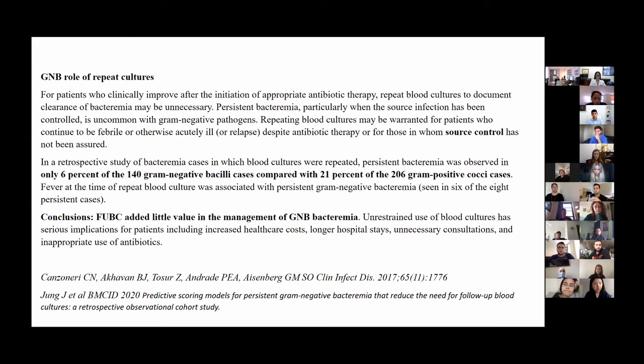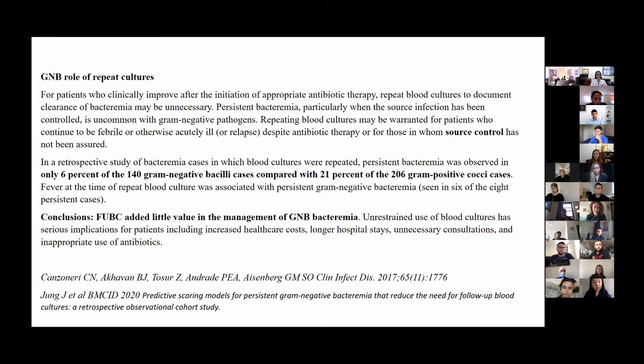So here are two reference articles for you. And this is what we had mentioned at the beginning. When do you do repeat cultures? We've said that we do it for sure for staph, but for gram negatives, these two studies and other studies have shown that the incidence of persistent bacteremia was 6%, compared to 21% for gram positives.